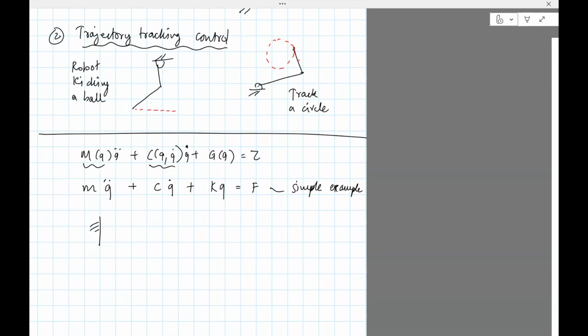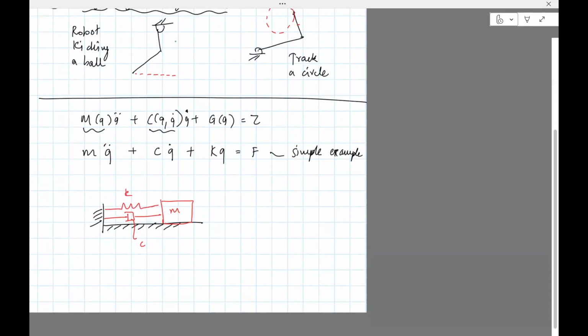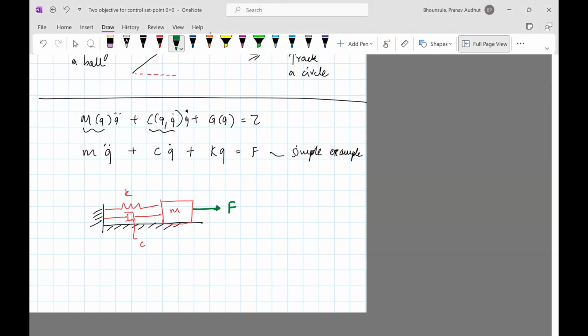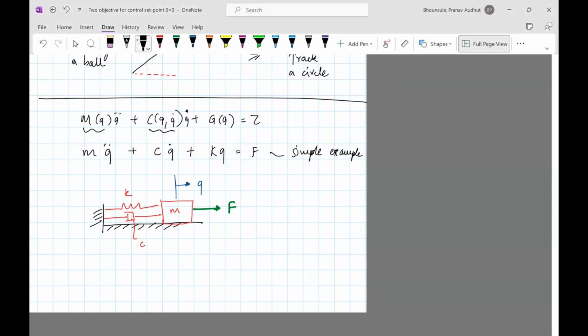If you have a spring, a damper, and a mass, this is K, this is C, that's F, and Q is the degree of freedom associated with the movement. So it's a spring mass system that we have written down here.